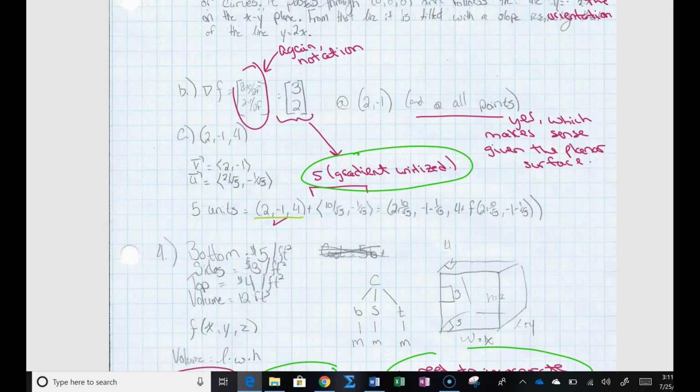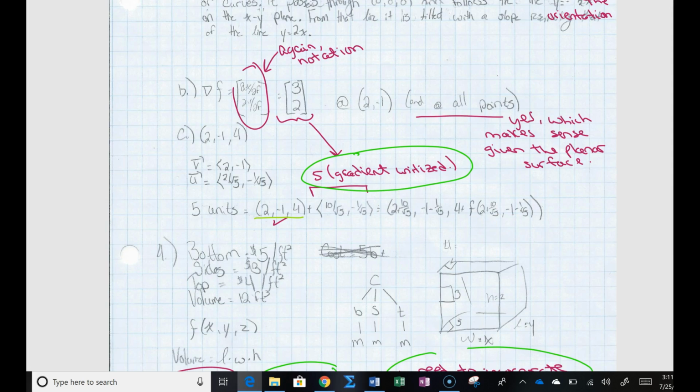What you want to add 5 of is these gradients unitized because the gradient points in the direction of max rate of change. So what you want to do here is unitize (3, 2) and then add 5 of those. And that will land you in the location that is 5 units away from the point (2, -1, 4) in the direction of (3, 2).